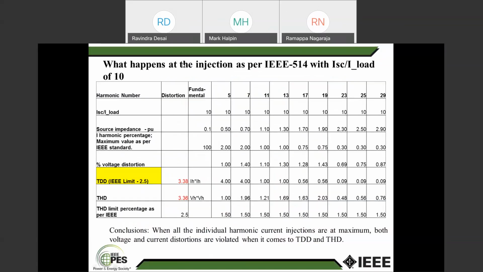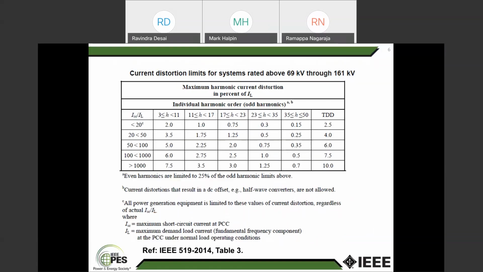What happens at the injections as per IEEE 519 with ISC by I load of 10? This is one small calculation to understand the meaning of harmonic penetration, and what happens if all the harmonic limits are at maximum. We have considered here a system where ISC by IL is less than 20.